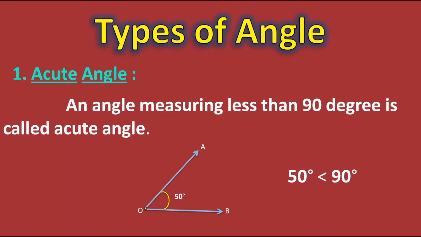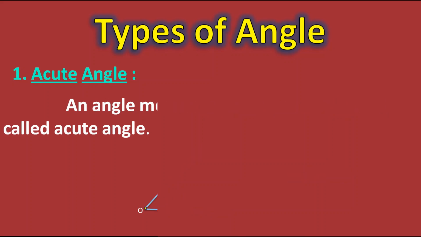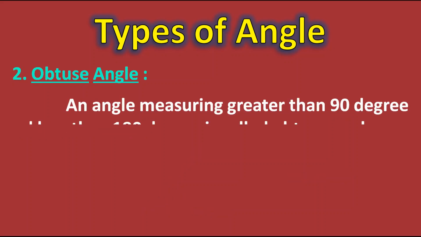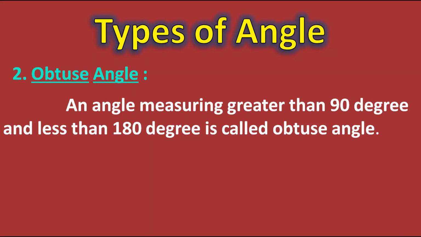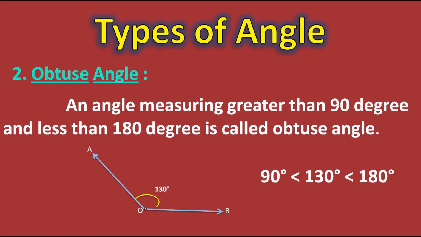Okay, it's very easy, you just have to remember the concept. Next comes obtuse angle. The definition of an obtuse angle is an angle measuring greater than 90 degrees and less than 180 degrees. So this is an angle which is measuring 130 degrees, which is greater than 90 degrees and less than 180 degrees.